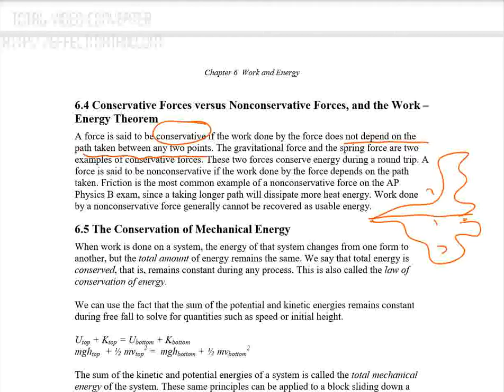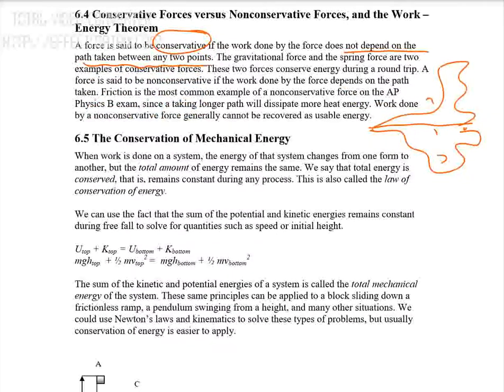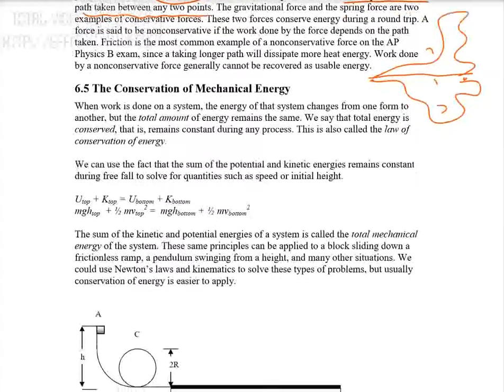But if it is path dependent, it is a non-conservative force. Since non-conservative forces are path dependent, if it is a closed loop, there is still work done.